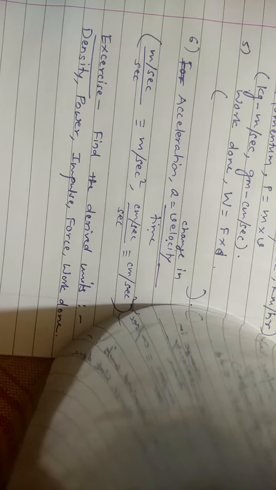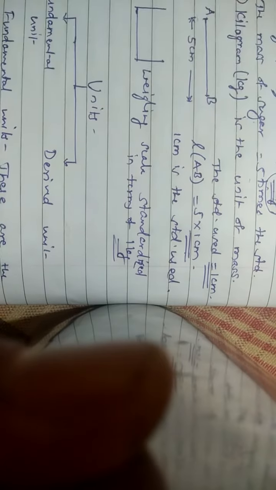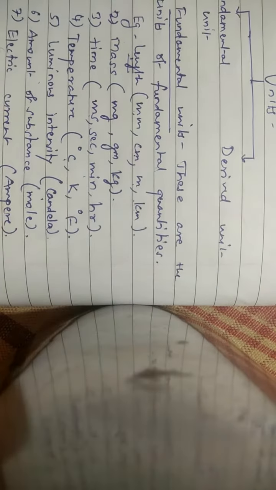Now, in a nutshell, I'll just recap once more. Fundamental units means the units of fundamental quantities. Derived units means the units of derived quantities. Okay. So what are the fundamental quantities? We have already discussed here. I'm just recapping whatever we have done.